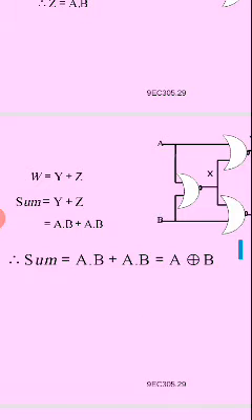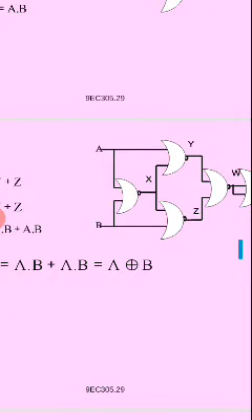You consider that the A bar B plus A B bar notation is not there. That's why we are getting a little bit of confusion here.